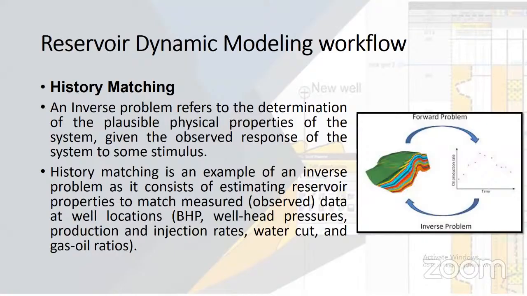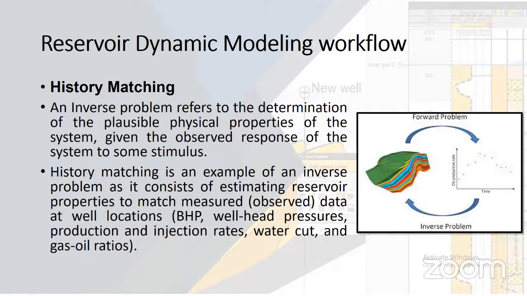If they are matching, you can say it's okay, our reservoir model is accurate and we can use it for the prediction. In case you have a mismatch, a difference between the simulated and the actual production, you will go to modify your reservoir model.